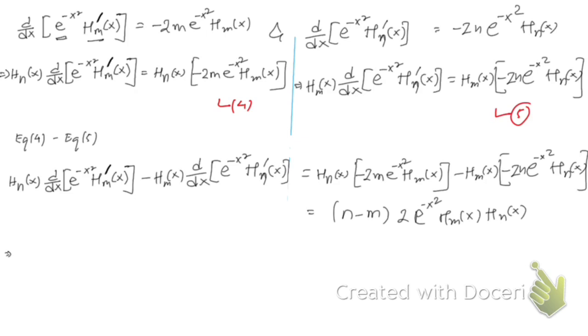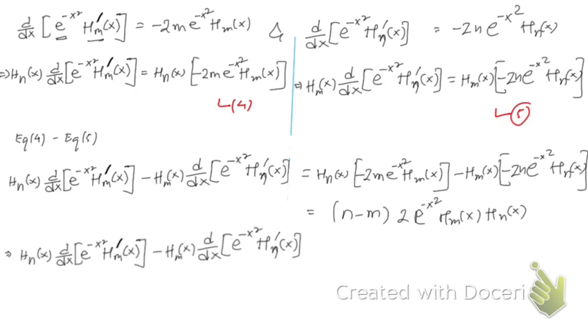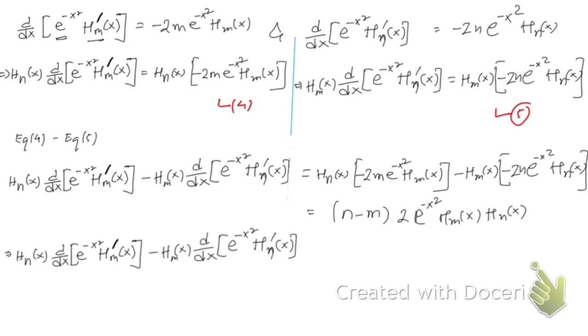Integrating, let me copy the left hand side first. So here is the left hand side. Let's integrate it from minus infinity to plus infinity. We're going to integrate this whole thing. So here we need a square bracket, and within the square bracket let me use a curly bracket, then square bracket dx.